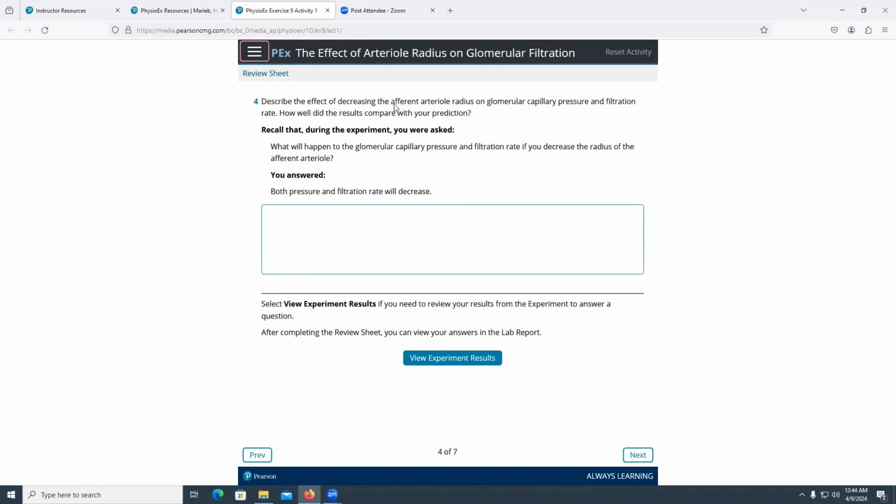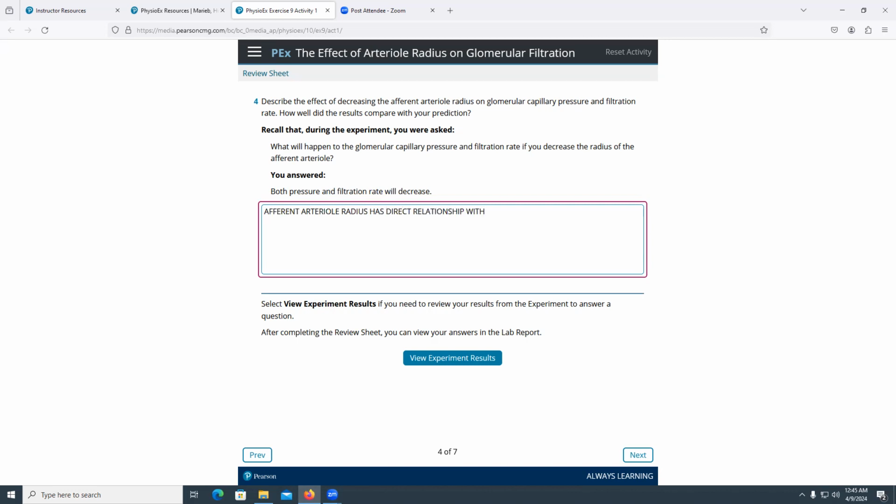Describe the effect of decreasing afferent arteriole radius on glomerular filtration rate. Okay, so afferent arteriole radius has a direct relationship with glomerular capillary pressure and filtration rate.